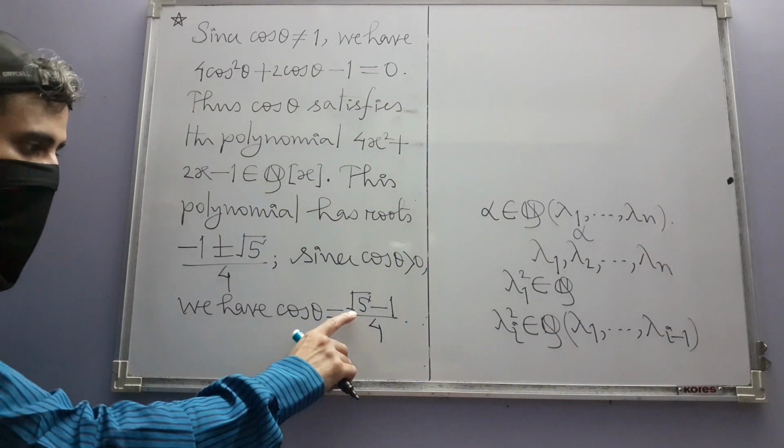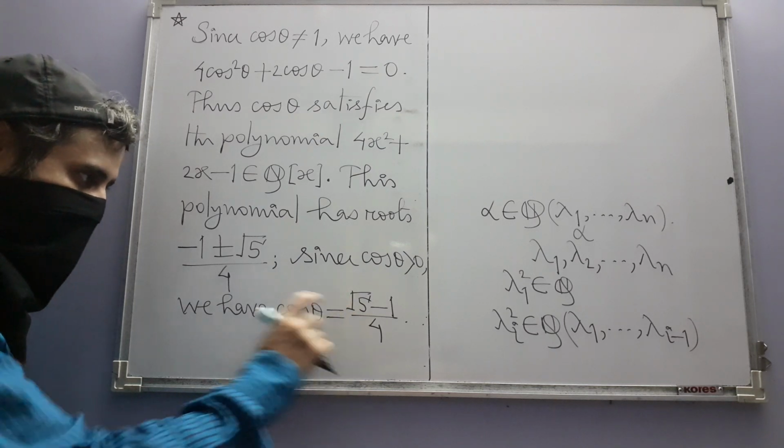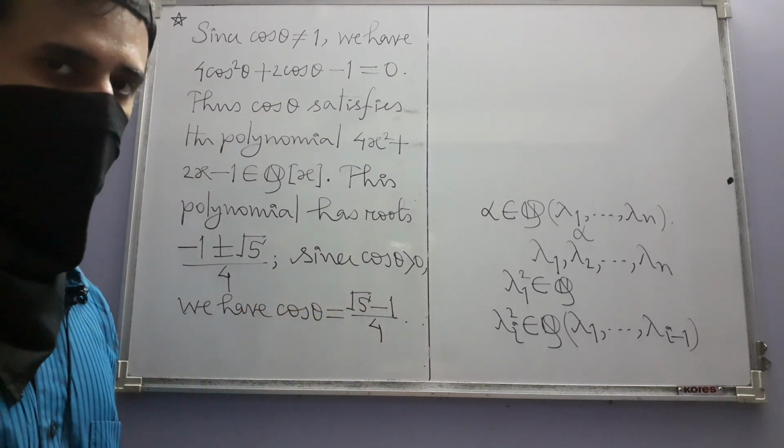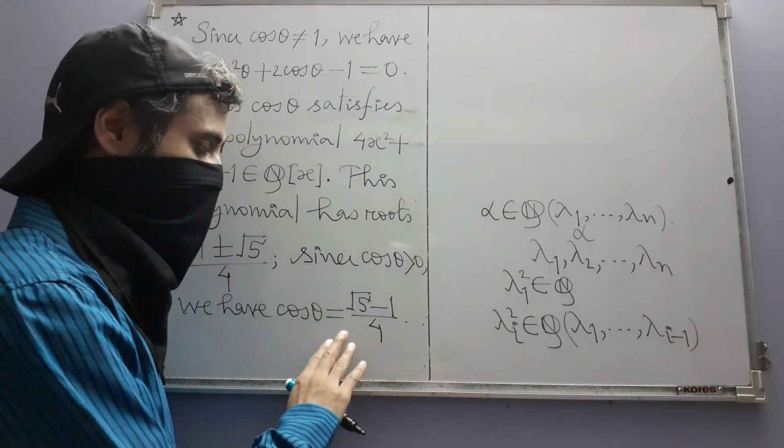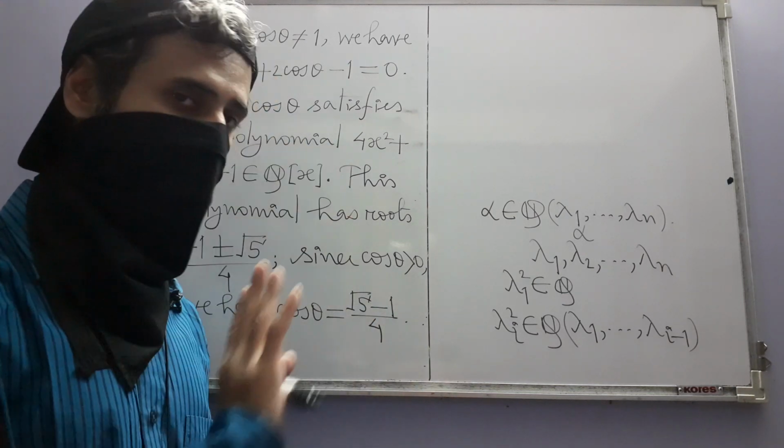And that's how we are able to show that square root of 5 itself is a constructible number. Okay. Do not confuse constructible numbers with algebraic numbers. Okay, that's a different thing.